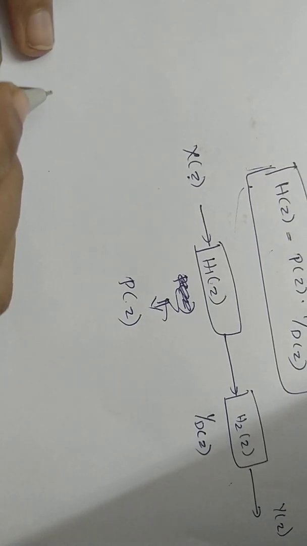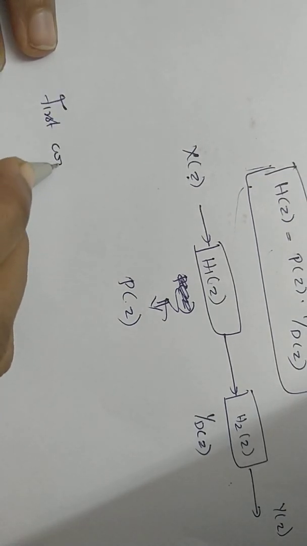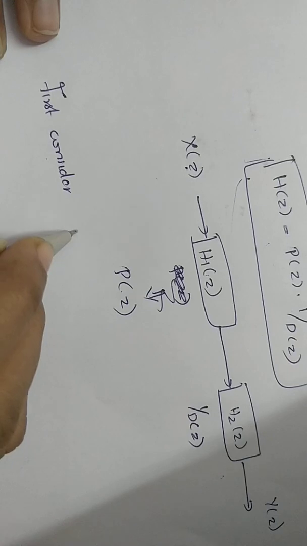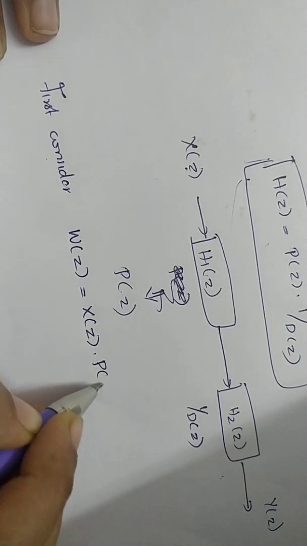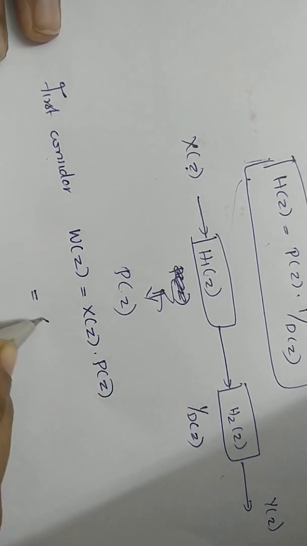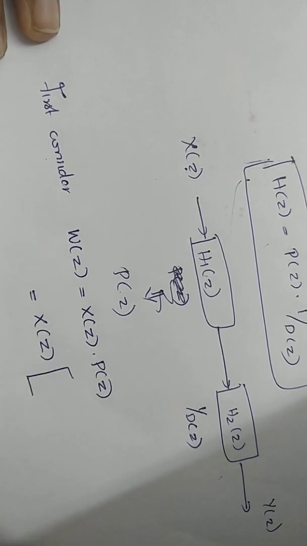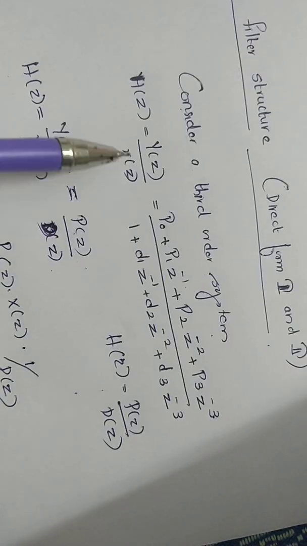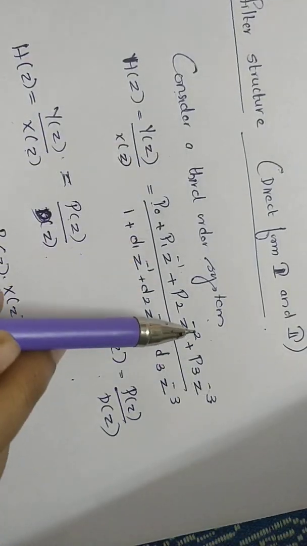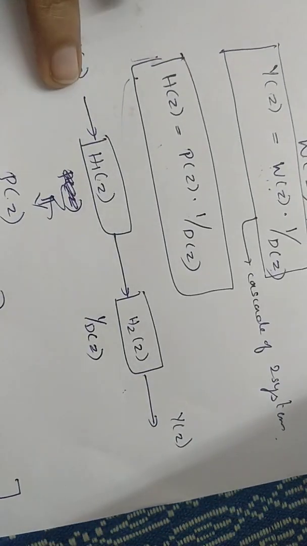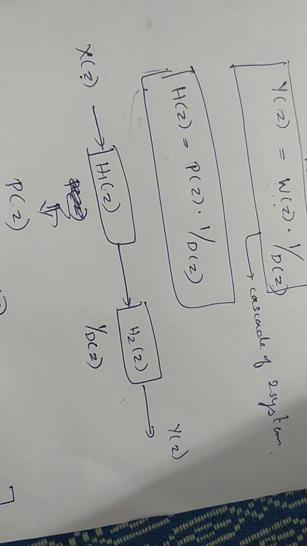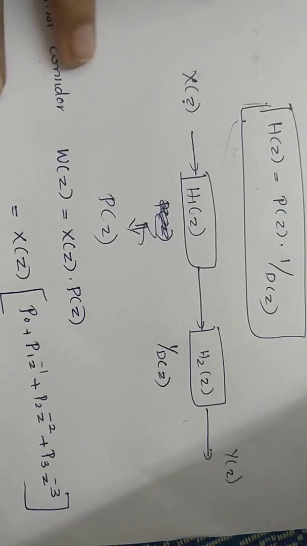First consider W of z is equal to X of z into P of z part only. What is P of z? P of z means the numerator part. Then in the given transfer function, what is the numerator part? That is P of z, which is equal to p0 plus p1 z inverse plus p2 z raised to minus 2 plus p3 z raised to minus 3.